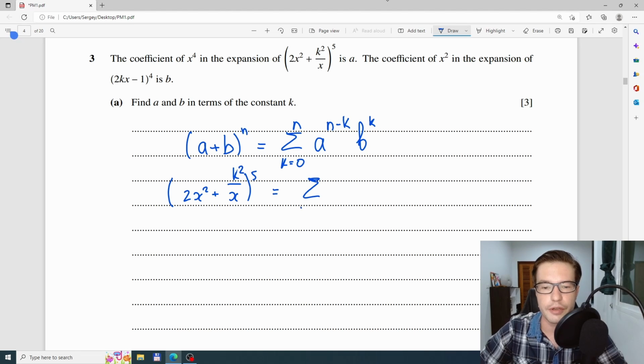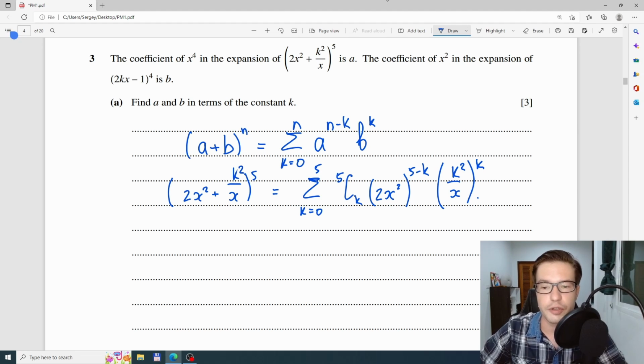That's going to be the sum when k goes from 0 to 5, 5 choose k. A is the first term, (2x squared) to the power of 5 minus k. B is the second term, which is k squared over x, to the power of k.